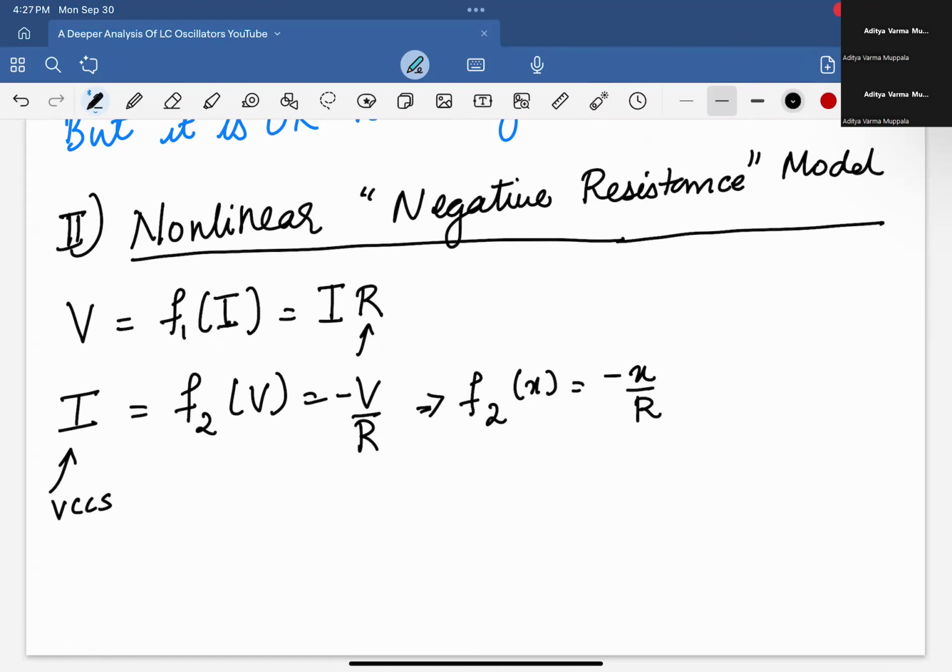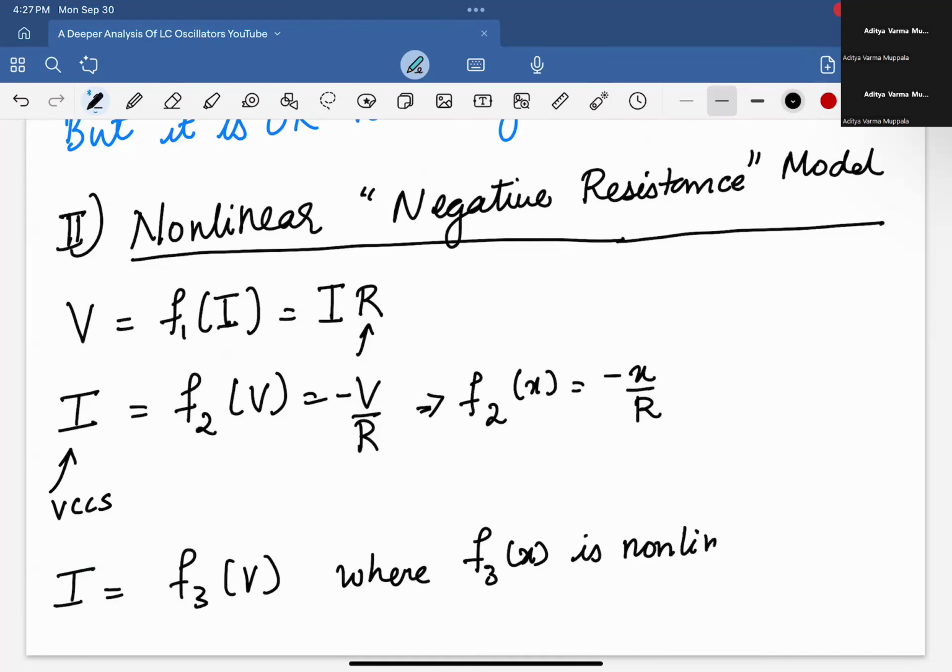When the voltage controlled current source is a linear current source, then it's like a resistance, but it doesn't have to be linear. So for example, I can make it more general. I can say I equals F3 of V, where F3 of X is nonlinear.